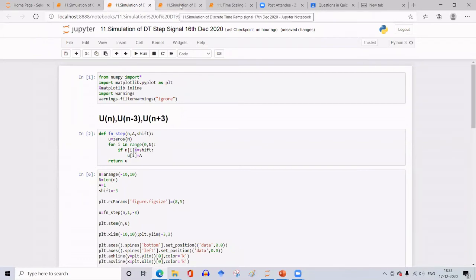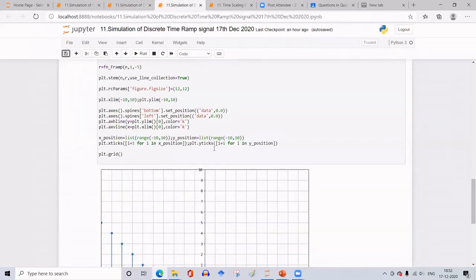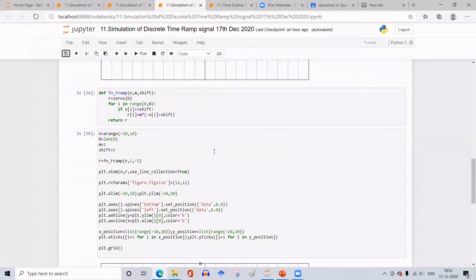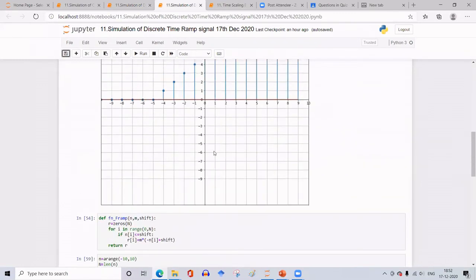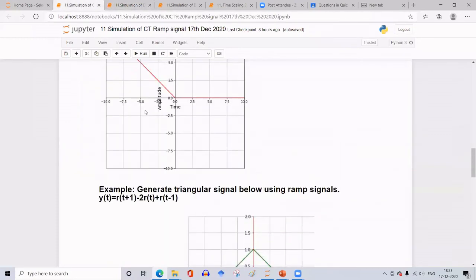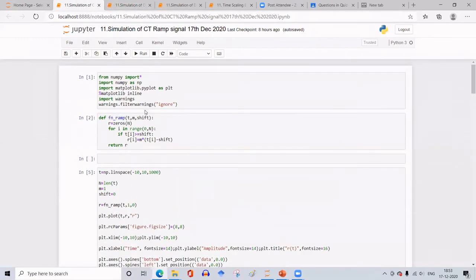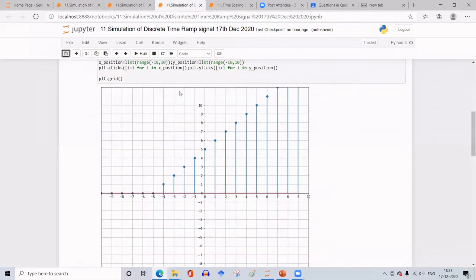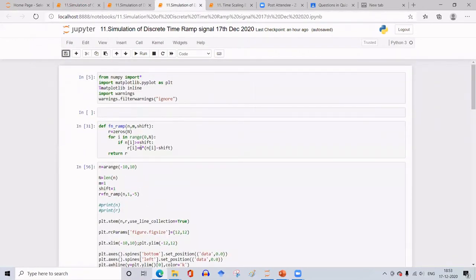Next, discrete time ramp signal. How to generate the discrete time ramp signal? Here, for step, what we have done, we just replaced u of i by a value. Instead, you calculate the value as we did for the ramp in the continuous time domain, but with n here. See here, it is m into n of i minus shift.